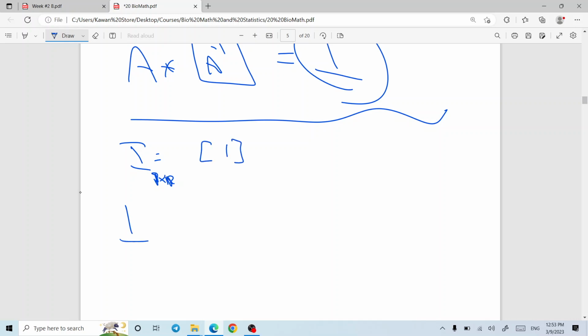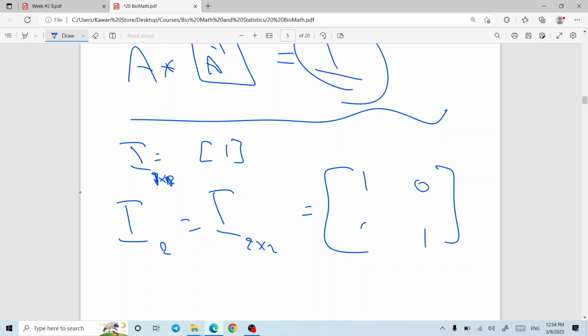When I say I2, it means that I have a matrix I, 2 by 2. How are the elements inside the matrix? The main diagonal are 1 and the rest are 0. Then of course it should be n by n: 2 by 2, 3 by 3, 4 by 4. That's called square matrix. Understood? So 1 by 1, 2 by 2, 3 by 3 is called square matrix.